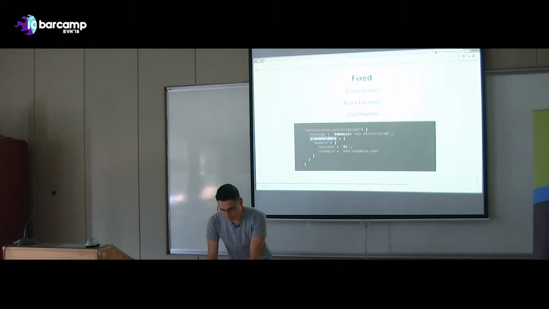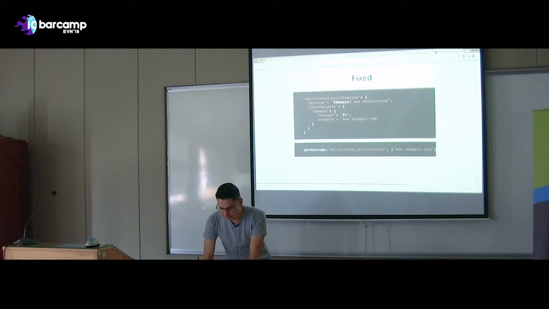So it's a placeholder, and basically people here specify a number in the array, which element to use, which string to use, and an example for translators. So in this example, this would be translated into something like this.